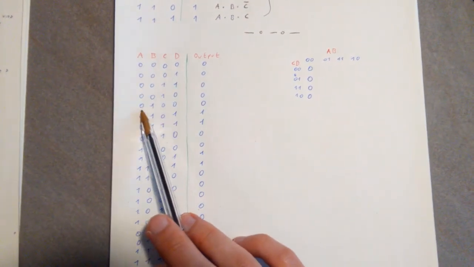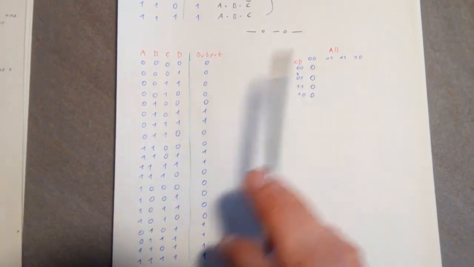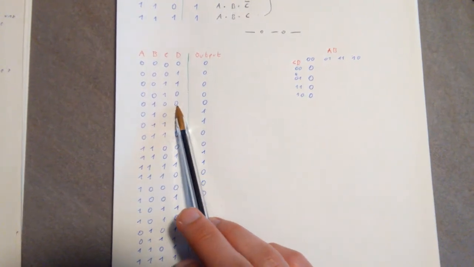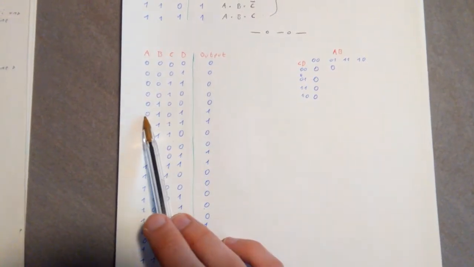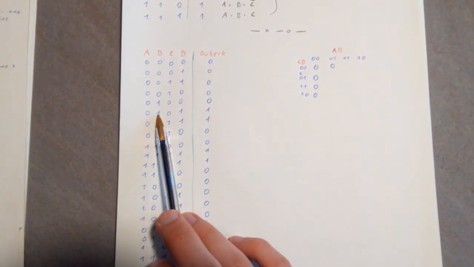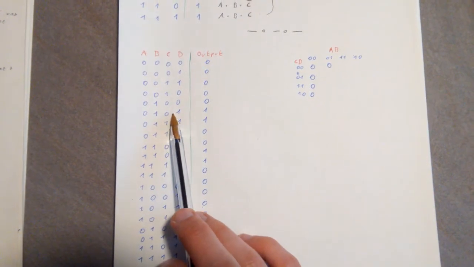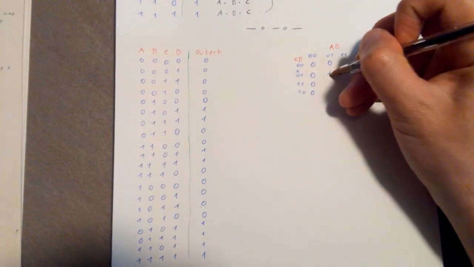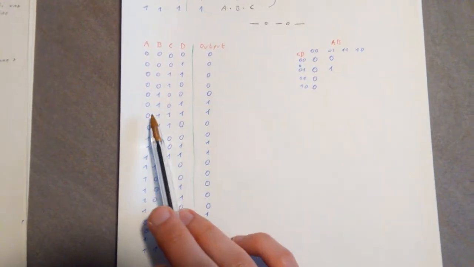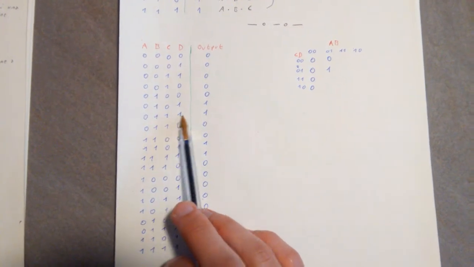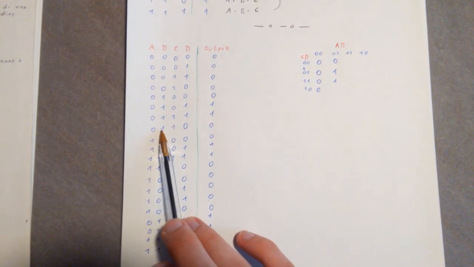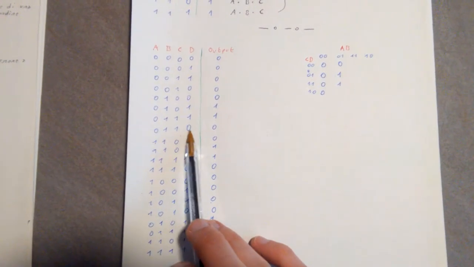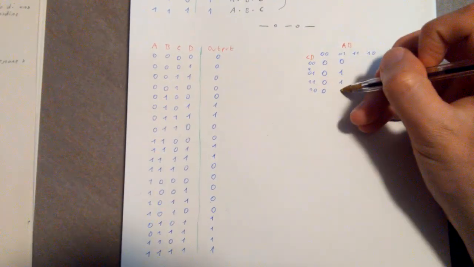And then we go on. When A and B are 0, 1 and C and D are 0, 0, then the output is 0. When A and B are 0, 1, C and D are 0, 1, then the output is 1. When A and B are 0, 1, C and D are 1, 1, then the output is 1. When A and B are 0, 1, C and D are 1, 0, then the output is 0.